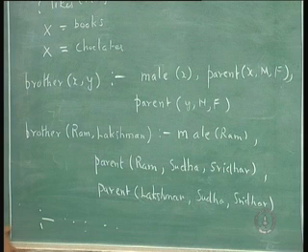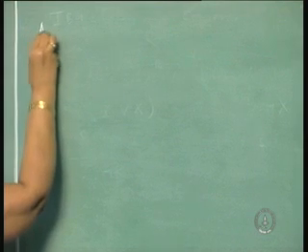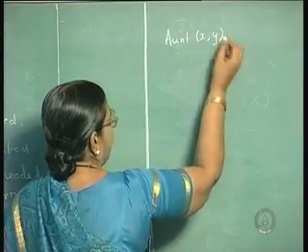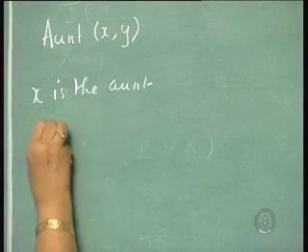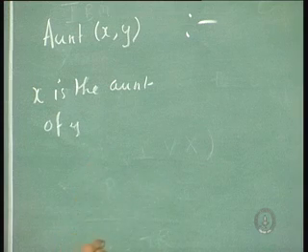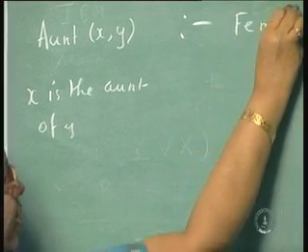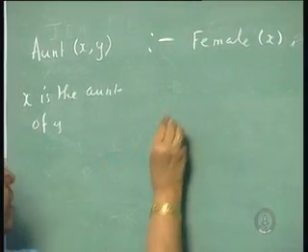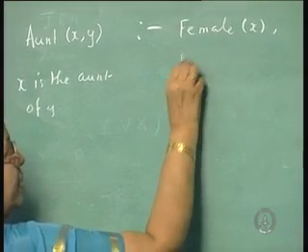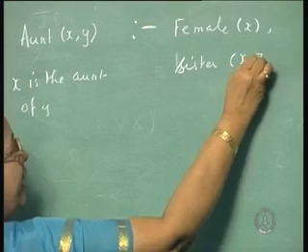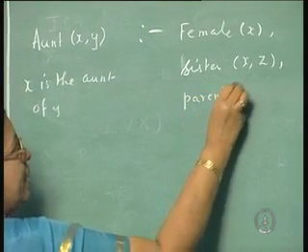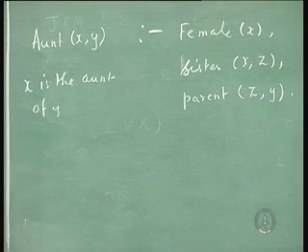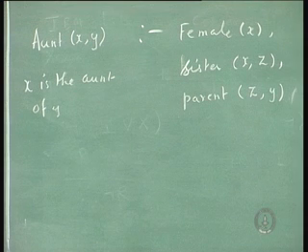So, first we will write like this: aunt X Y, X is the aunt of Y. In that case, female X, sister X Z, X is the sister of Z, and parent Z Y. So, if X is a female and X is the sister of Z and Z is a parent of Y, then X is the aunt of Y.